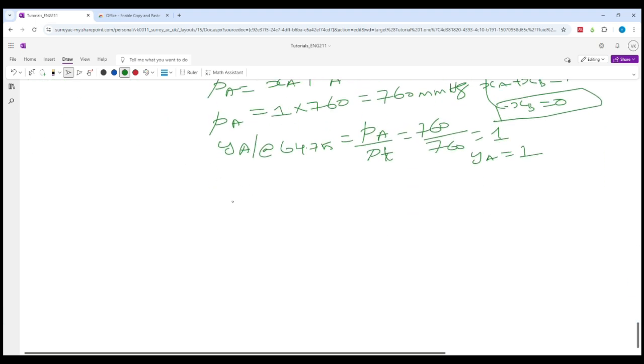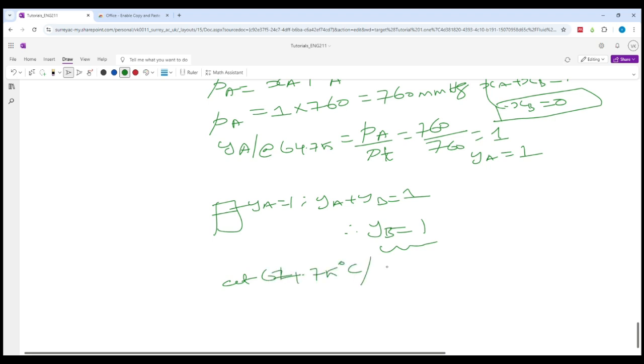In the vapor fraction, if YA is equal to 1, and we know YA plus YB equals 1, therefore YB is equal to 0, because this is 1 minus 1.